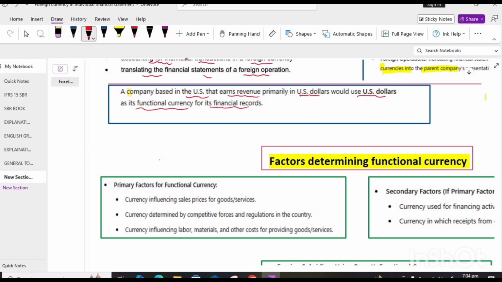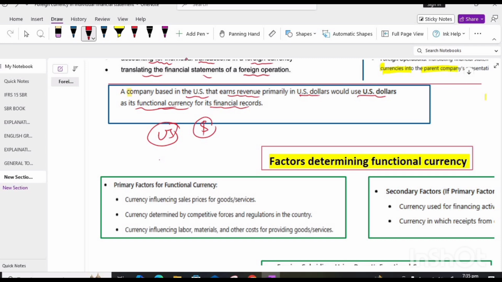So a company based in the US is dealing in dollars, so the functional currency will be the dollar for this company. Clear? Now, what we have learned is that the entity records its day-to-day financial activity in its functional currency and may present its financial statements in a different presentation currency.